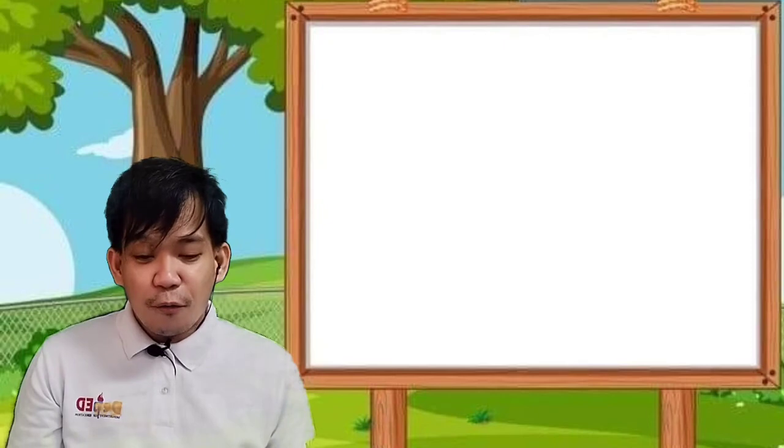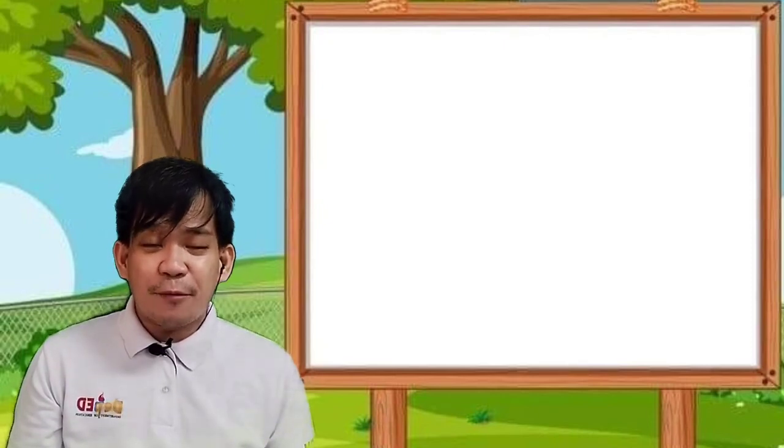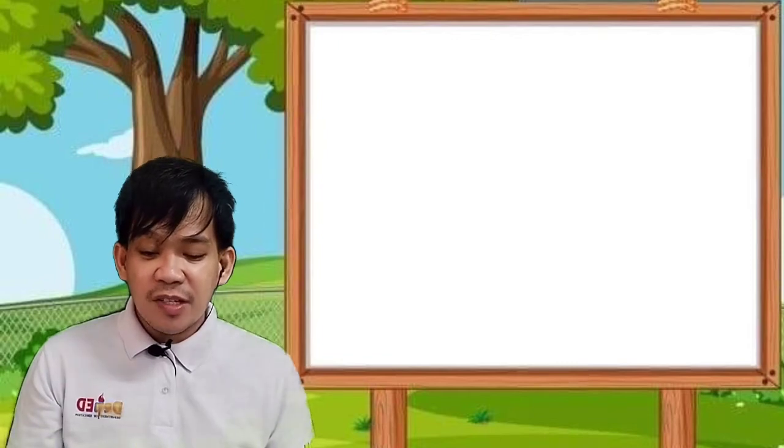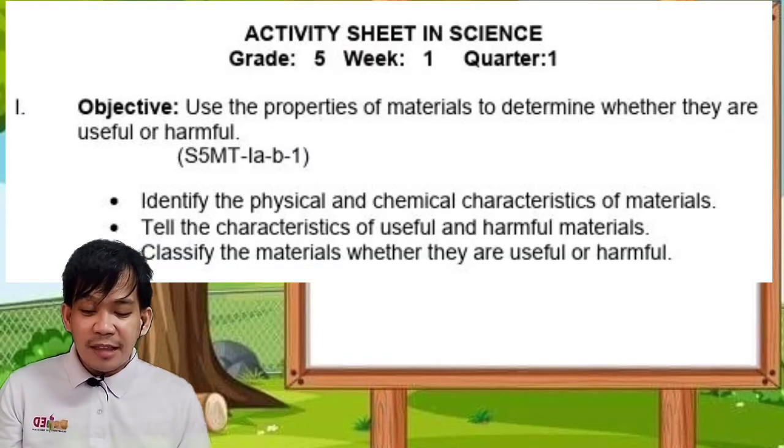Alright, for the topic for week 1, for this quarter 1, the objective is to identify the physical and chemical characteristics of materials. Second, to tell the characteristics of useful and harmful materials.